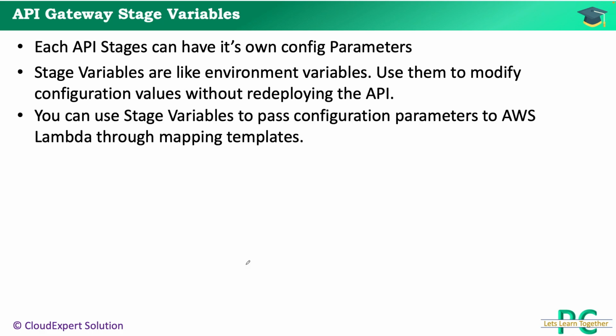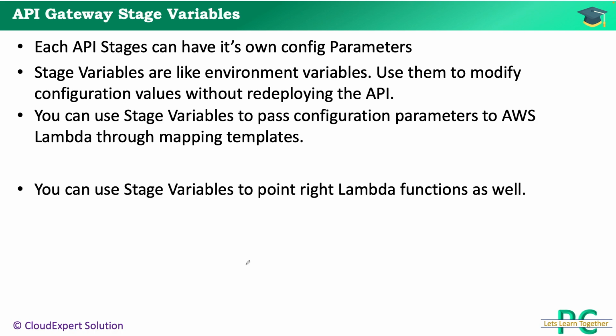We can also use stage variables to pass configuration parameters to an AWS Lambda function. If your API gateway is connecting with a Lambda function which is serving the backend logic, and you want to pass any parameter, maybe a query string parameter, then you can use stage variables to pass those parameters to the Lambda function.